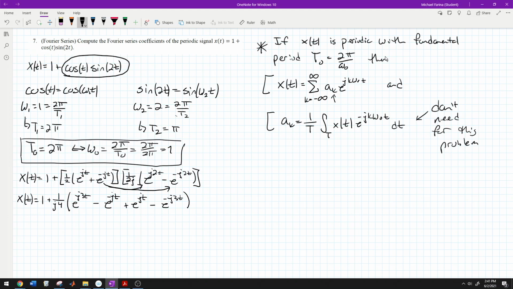And kind of out of order here, I like to go from the most negative to the most positive. So then we end up with x of t equal to 1 plus 1 over j4 times negative e to the negative j3t, minus e to the negative jt, plus e to the jt, plus e to the j3t.